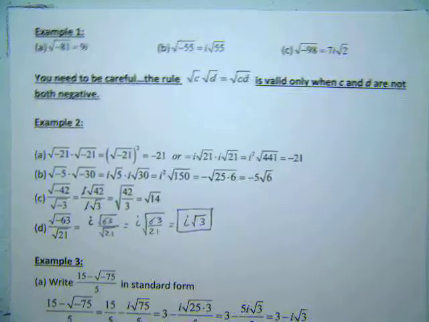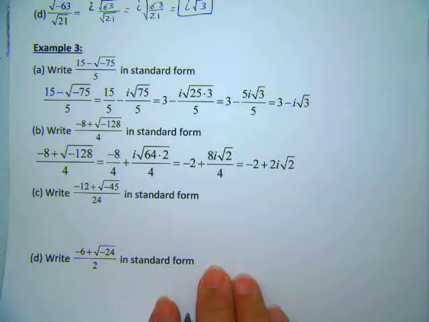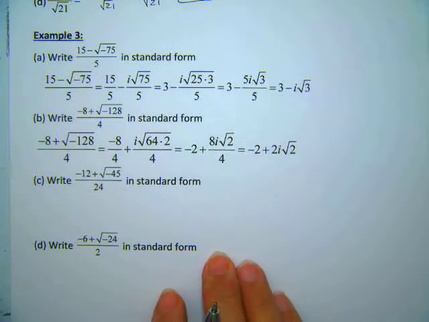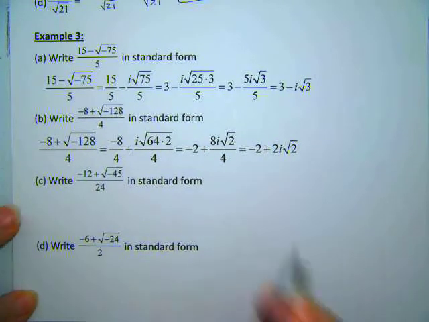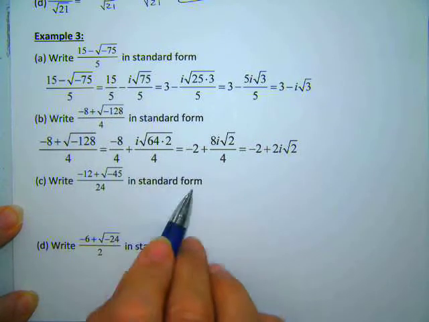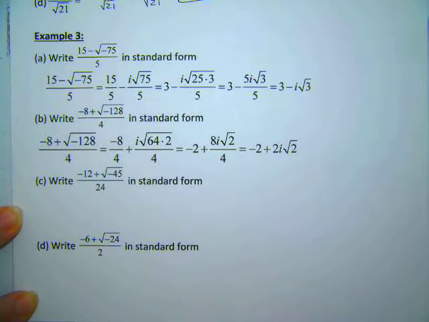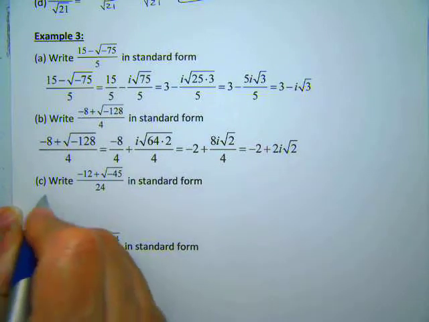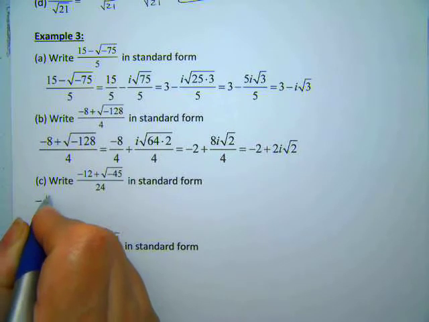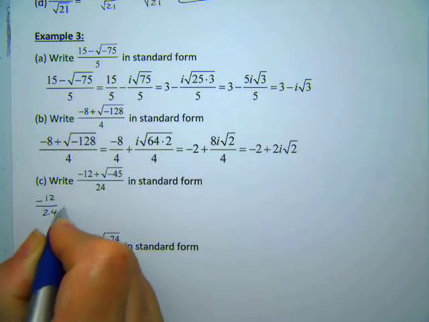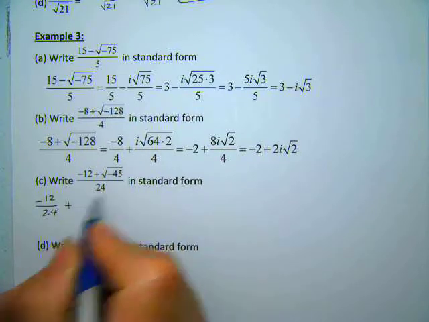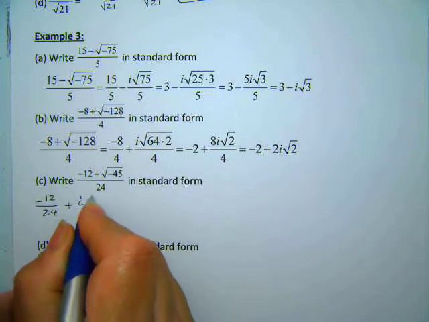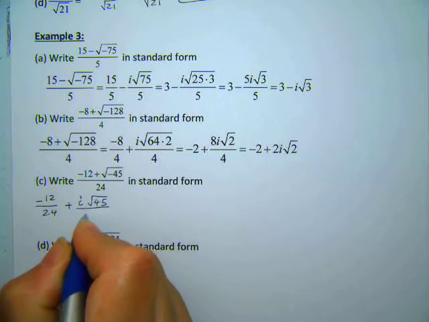Let's look at how we can write things in standard form. Again, you have a few examples worked out for you. You have a video, but let us do some together. So how can we write this in standard form? The standard form is what? a plus bi. So here it is. The first thing is, why don't we separate the fraction? So it's negative 12 over 24 plus the square root of negative, so I have an i, the square root of 45 over 24.